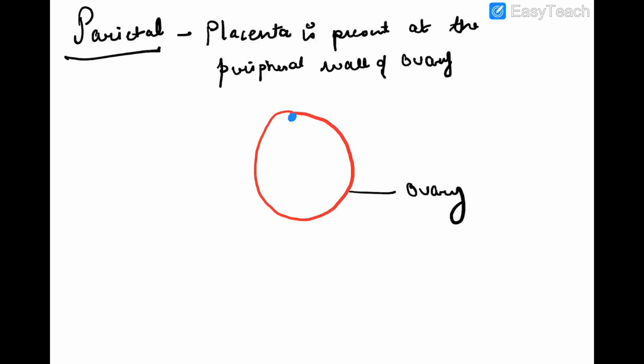So this is the placenta which is present at the parietal, or you can say the peripheral wall, and over here would be attached the ovule. These are the ovules.